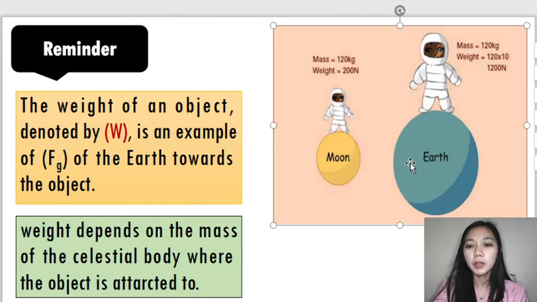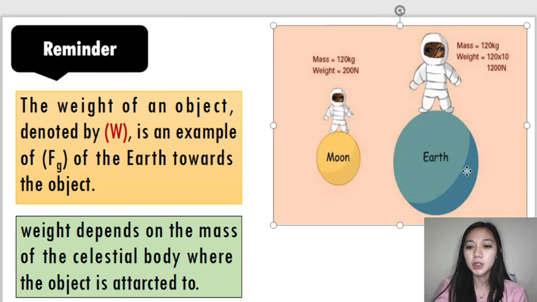For example, yung iyong timbang or mass sa Earth ay 100 kilograms. And then, ang iyong timbang sa Moon ay also the same, 100 kilograms lang din yan. Hindi yan magbabago. Now, kapag ikaw ay nasa Earth, ang iyong magiging weight ay 1,200 newtons. While on the Moon, your weight will be 200 newtons. Mapapansin mo, kapag nasa Earth ka, mas mataas yung iyong weight compared sa iyong weight sa Moon.